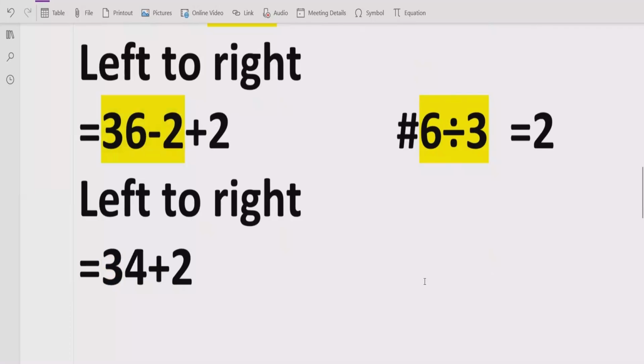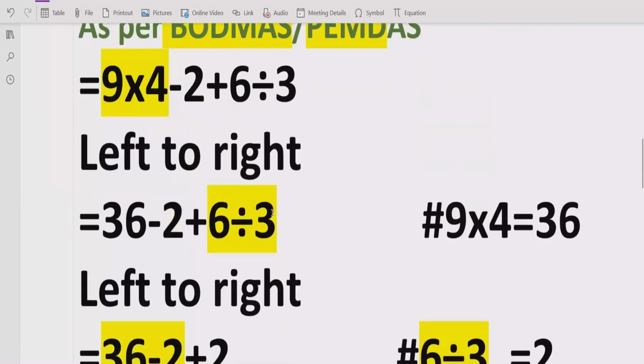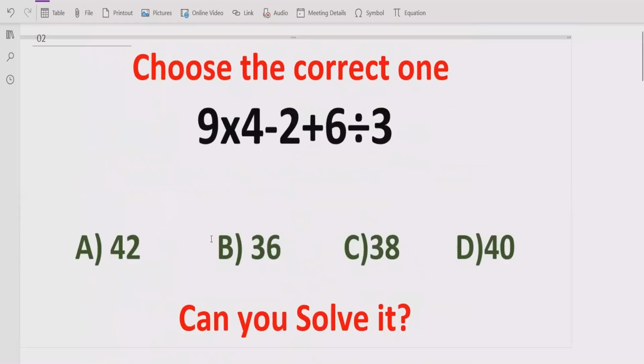And here we will give the reference: 36 minus 2 equals 34. Now we have two terms which are added to each other and we will add both of them. So we will get the answer 36. So the answer of the given expression is 36. B is the correct answer. If you see the answer list, answer B is the correct answer.